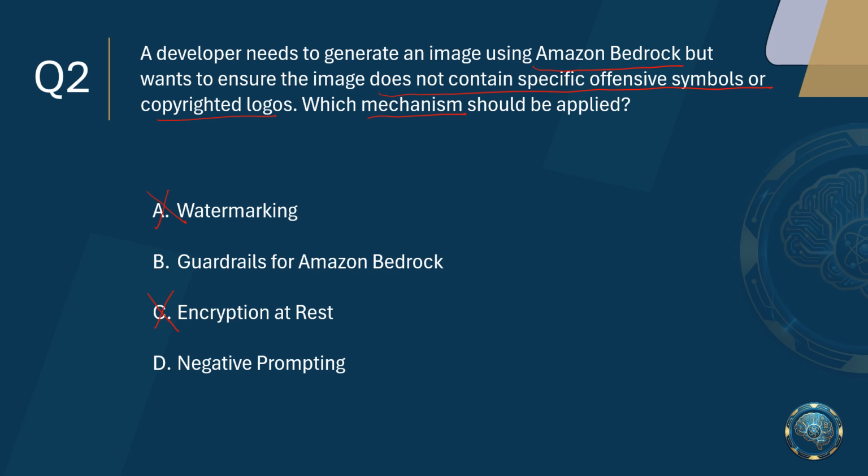Now let us discuss choice B and D. So we have done two activities: one is identifying the keywords and the second one is eliminating the possible wrong answers. Now we are left with B and D. We wanted a mechanism to stop including symbols and copyright logos.